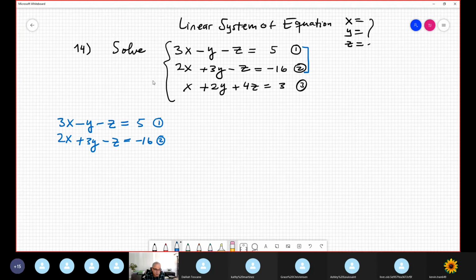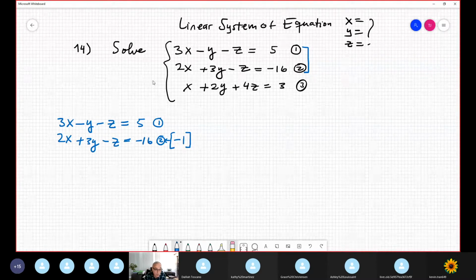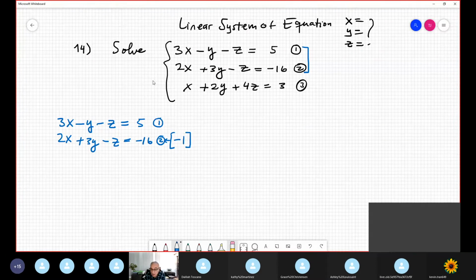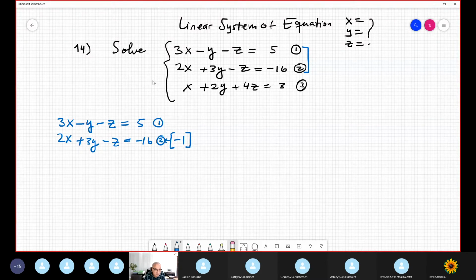One idea is to multiply the entire equation 2 by negative 1. Why? Because if you multiply by negative 1, in the z term we have positive z, and positive z and negative z are ready for elimination. So I multiply.